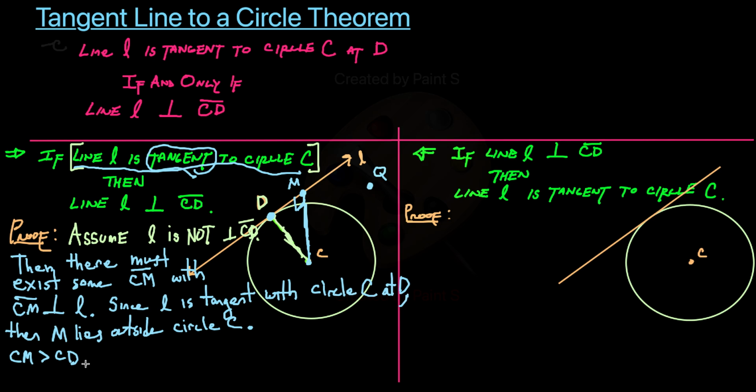And then we're going to say something else. Look at the triangle that was formed, triangle CMD. Triangle CMD is a right triangle.